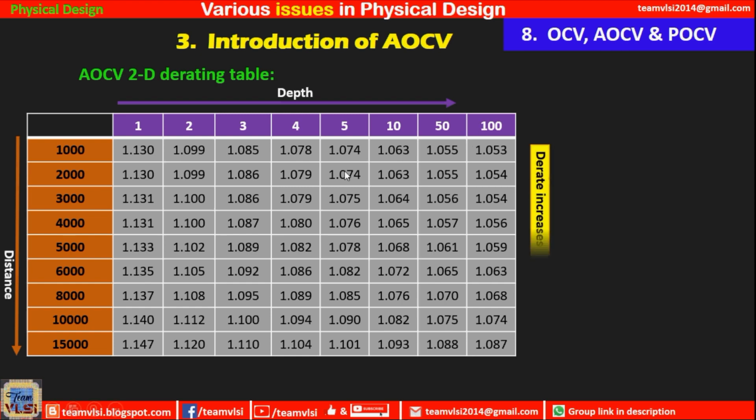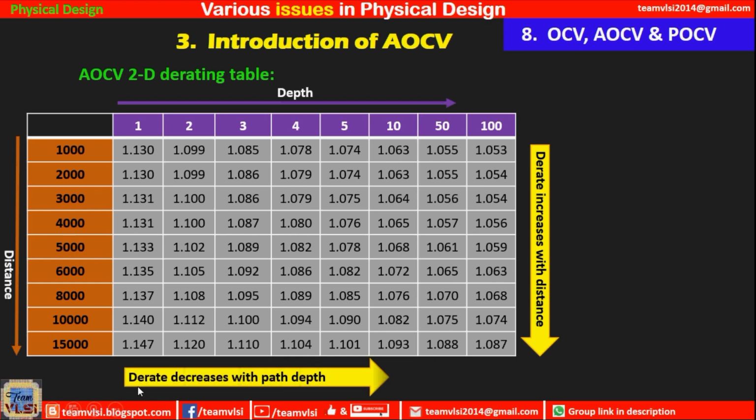So in short, derate increases with the distance and derate decreases with the path depth. The only thing you have to remember is the trend of variation of derate, and the reason, as I have explained.